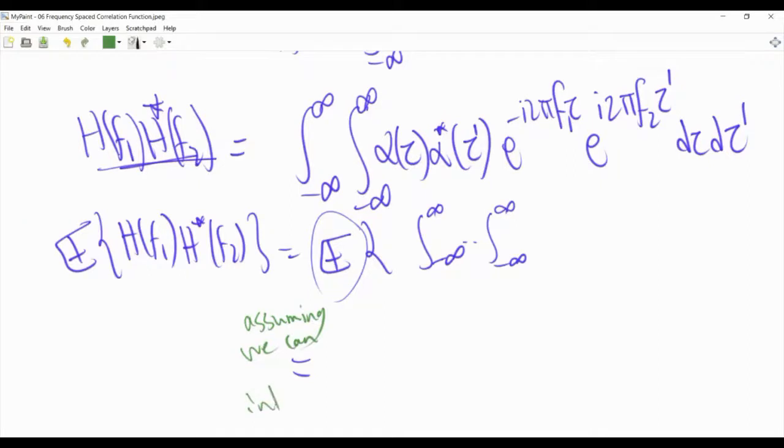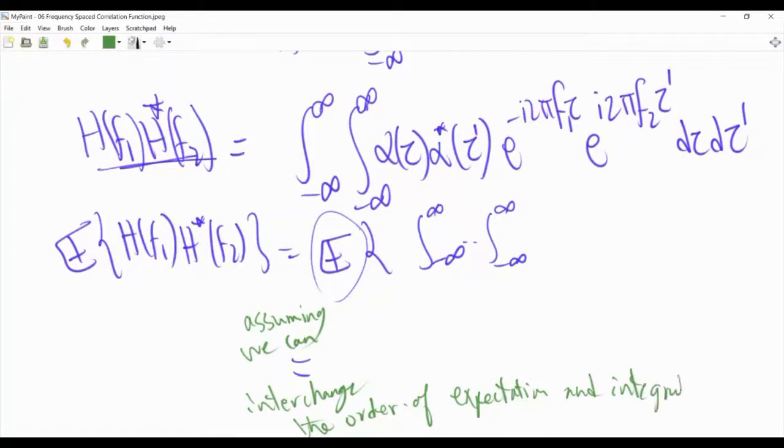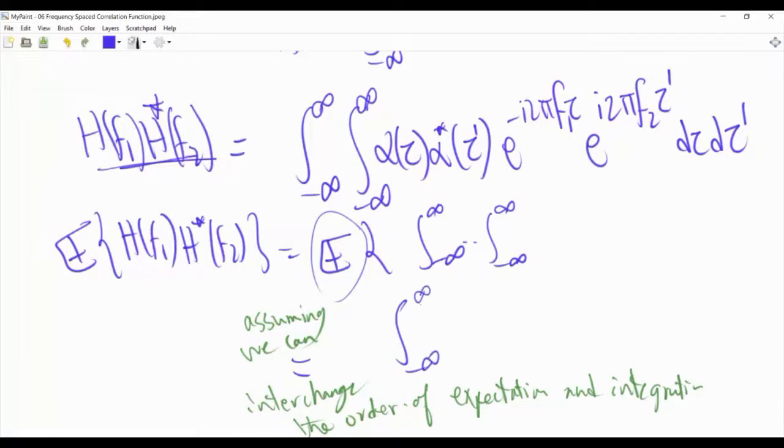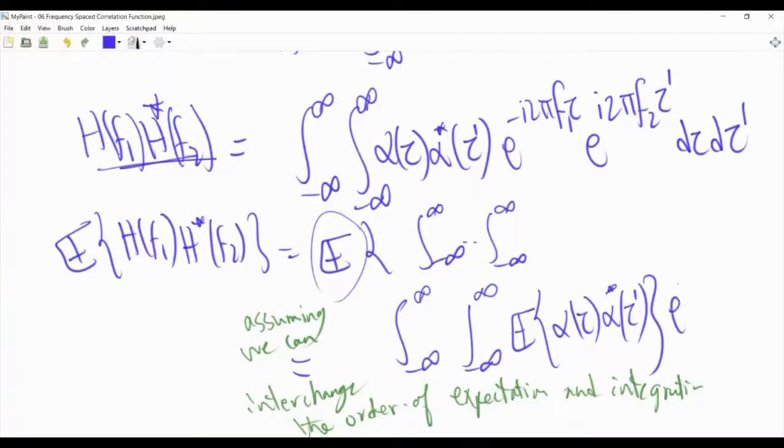Assuming we can interchange the order of expectation and integration, then you take the expectation and apply it to those terms: the expectation of alpha of tau, alpha conjugate of tau prime, and then e to the i 2 pi f2 tau prime minus i 2 pi f1 tau, d tau d tau prime.